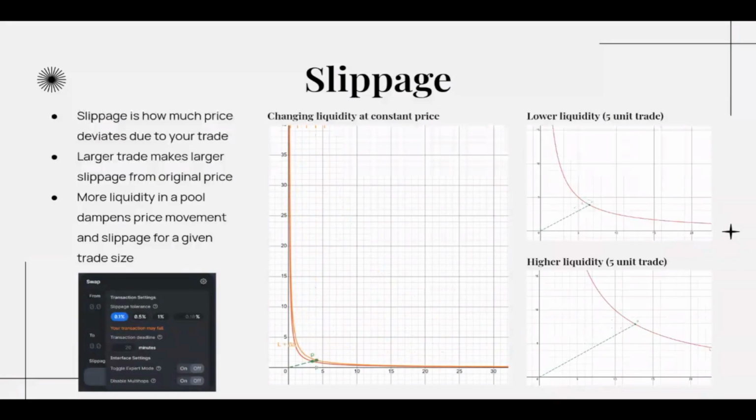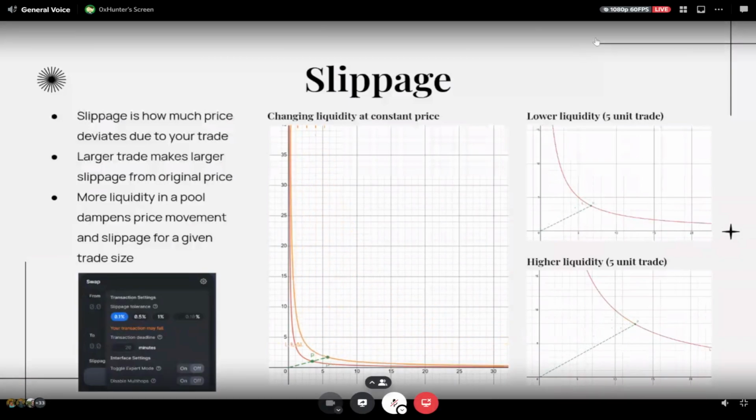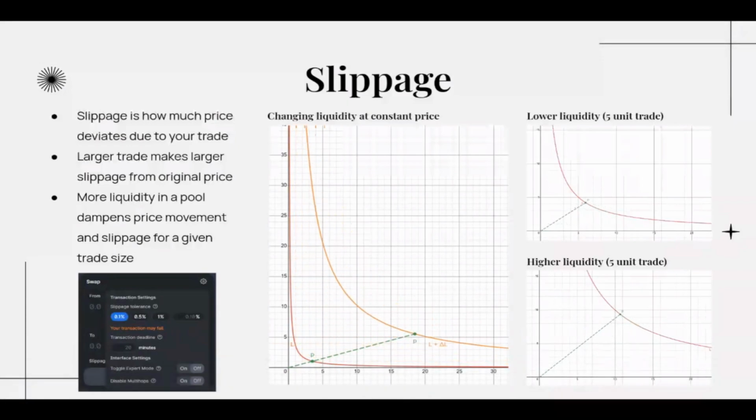And it's hard to know exactly how much the price will change because people can all submit transactions to the same block. I'll talk a bit about that in the MEV section. But yeah, this is slippage, if anyone has any questions.